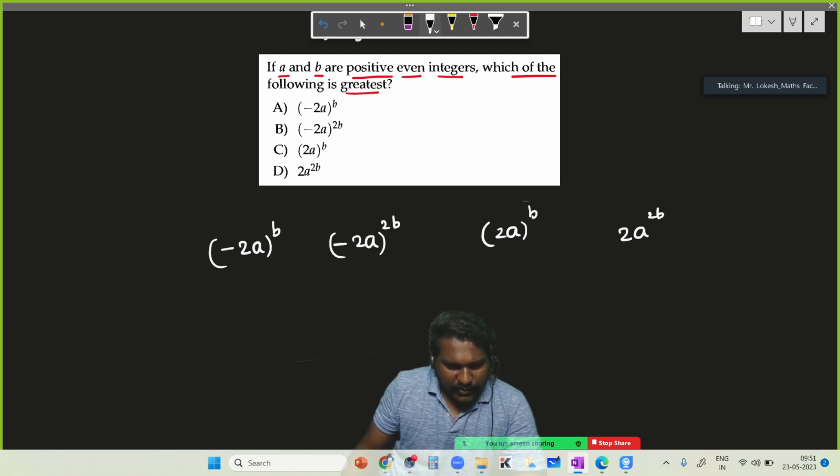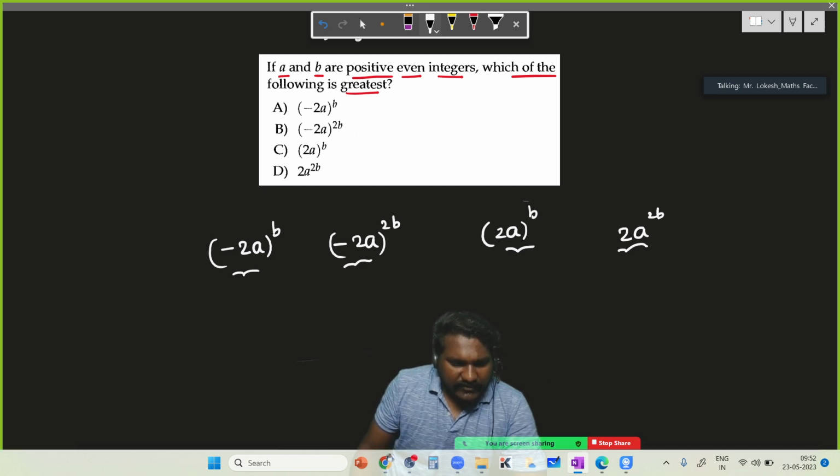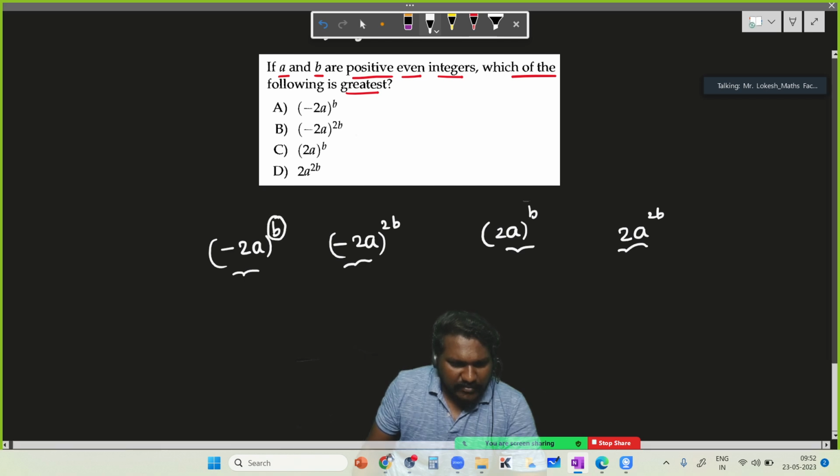I think we can do it, because the bases are the same, 2a, 2a, 2a and 2a, and forget about the negative symbol here, because anyway we are powering it with an even number. Here b is an even number, and 2b is also an even number, given that both a and b are even numbers.